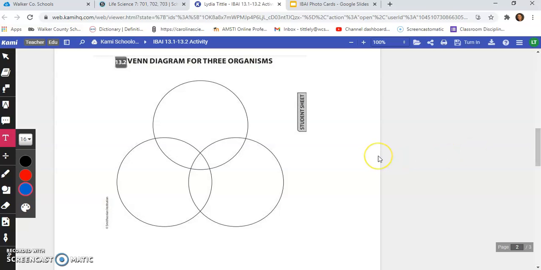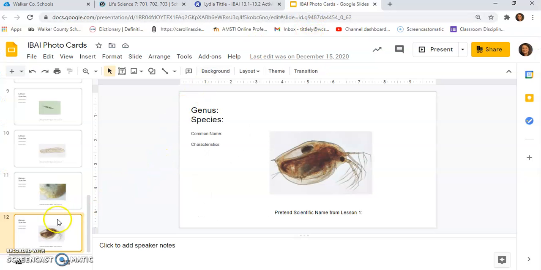For your next Venn diagram, you're going to choose 3 organisms. And for this particular Venn diagram, you need to choose 3 organisms that are in different kingdoms. So we need to have 3 different kingdoms represented here. So let's go back and look at our photo cards real quick.